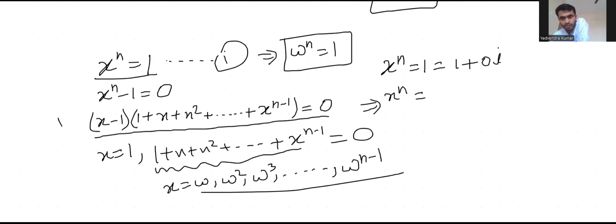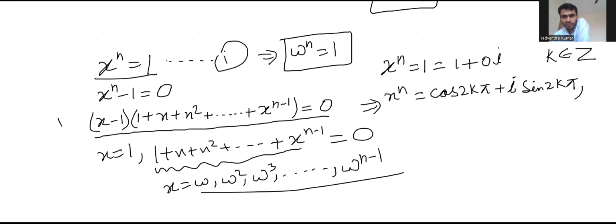So this 1 can be written as cos 2k pi plus iota sin 2k pi, where k is an integer. K belongs to the set of integers denoted by Z, or if it is confusing, denote it by I. Don't get confused, it is the set of integers.